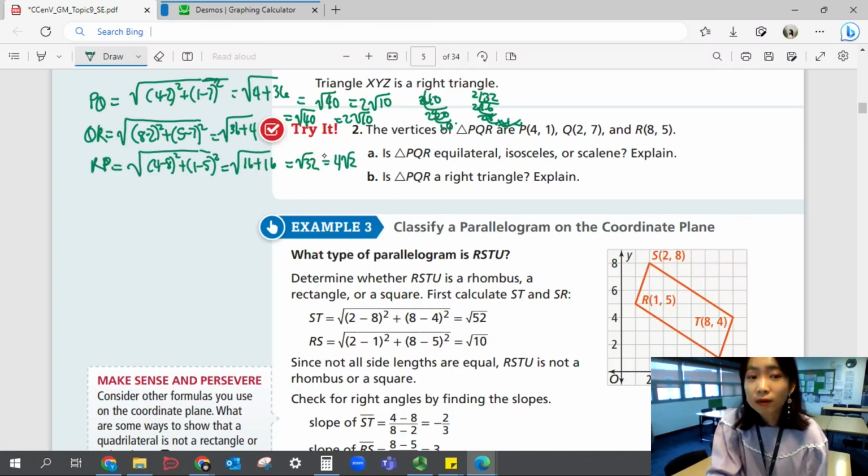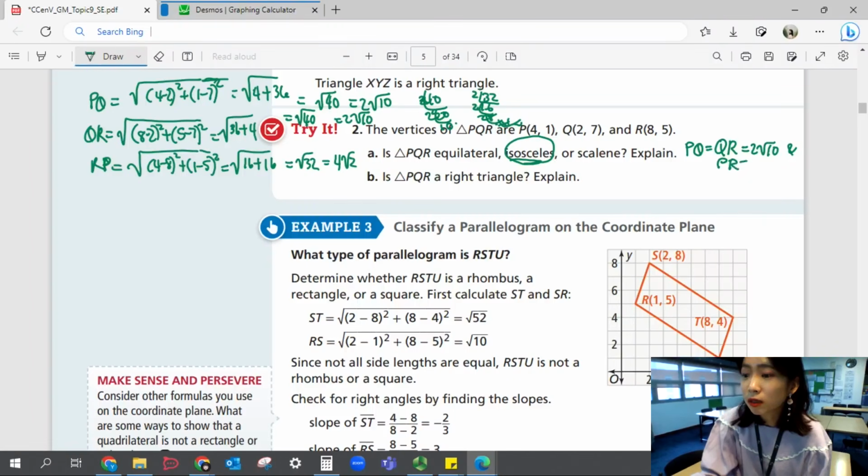And RP is obviously not equal to the other distances. So we can say it is isosceles. Explain, because PQ is equal to QR, which is 2 square root 10, and PR is equal to 4 square root 2.